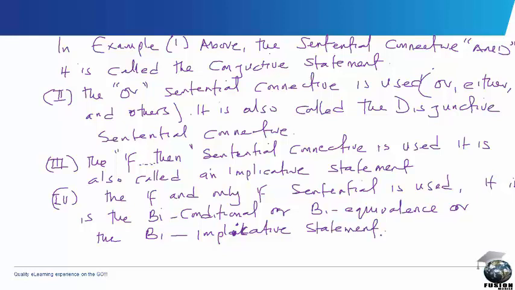Alright, so it is based on the use of these sentential connectives that we come up with logic operators and symbols. The sentential connectives lead us to logic operators and symbols.